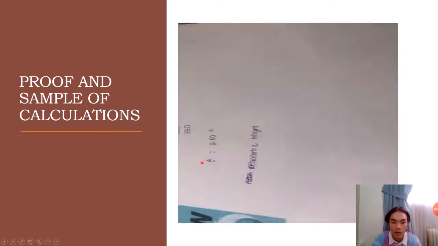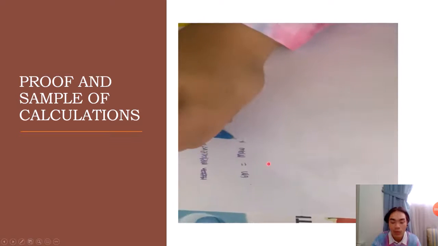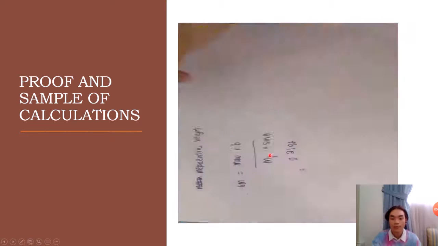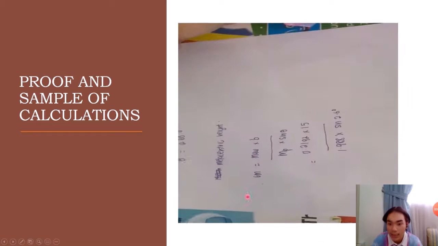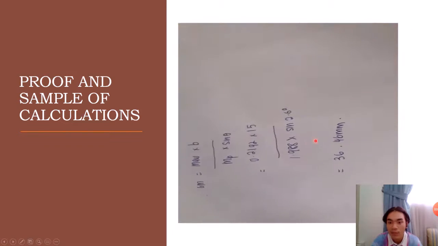So there I got the answer 2.6 degrees. And now I'm trying to calculate the metacentric height using MAW times B over MP times sine theta. I just fill in the blanks here with the values and ended up with the answer of 36.46 millimeters.